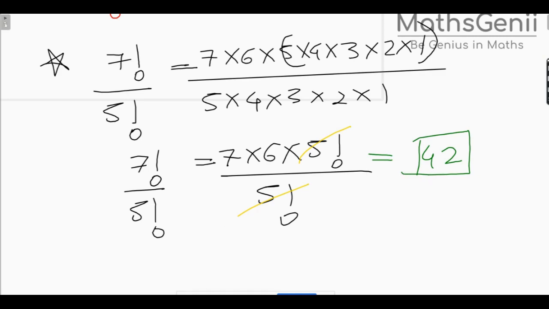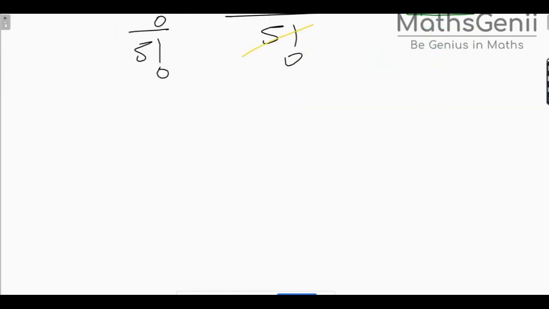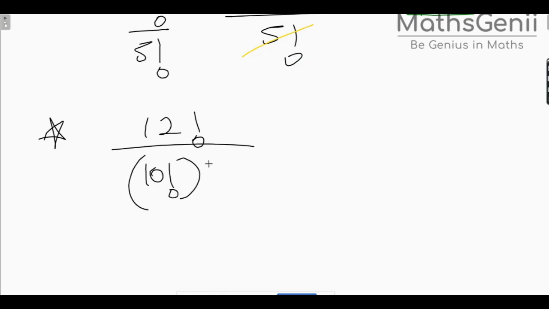Let's look at one more expansion so that it gets very clear and hammered in your brain. 12 factorial upon 10 factorial into 2 factorial. How will you solve this? 12 into 11 into 10 into 9 into 8 till 1.